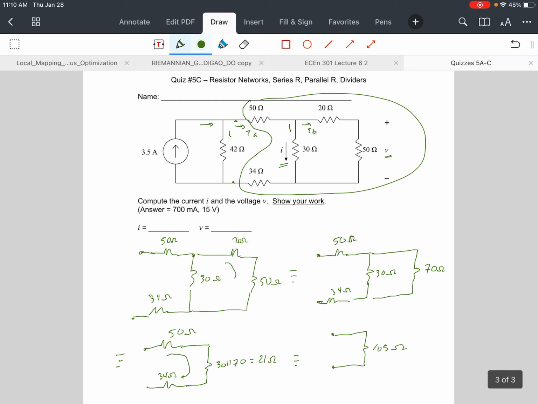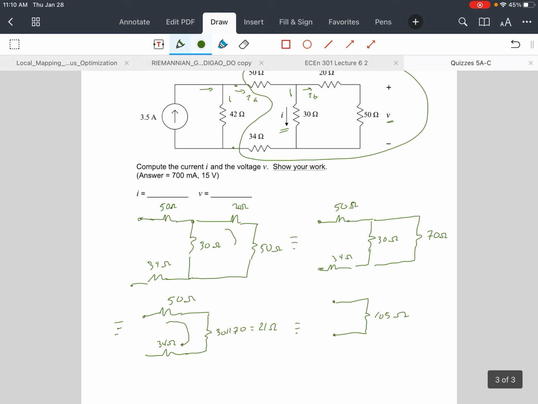So now we can do a current divider. The current divider says that IA is going to be this resistance, 42, divided by the 42 plus 105, all times this current that's coming in. So the 3.5 amps gets divided in that way.